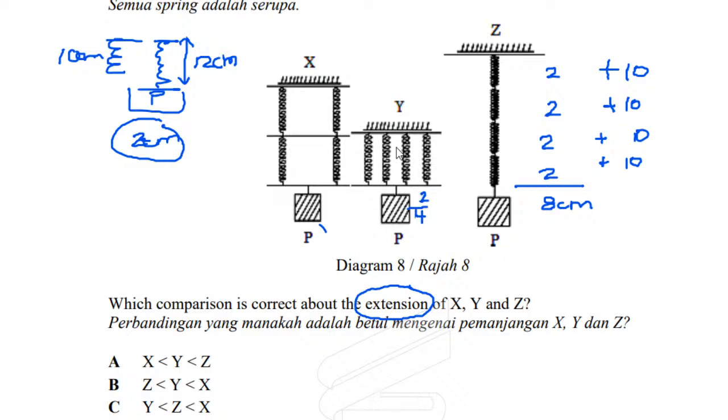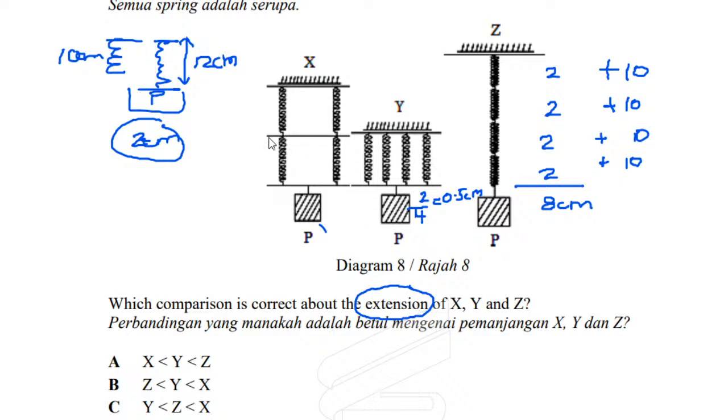The extension of Y will be 2 divided by 4, which is 0.5 cm. Okay, extension. But if they ask you about the total length of spring Y, it must be added to the initial 10, because this is arranged in parallel. So the total length will be 10 plus 0.5, which is 10.5 cm. But now I'm talking about extension.